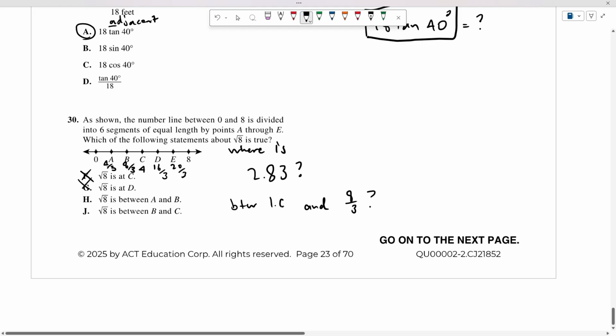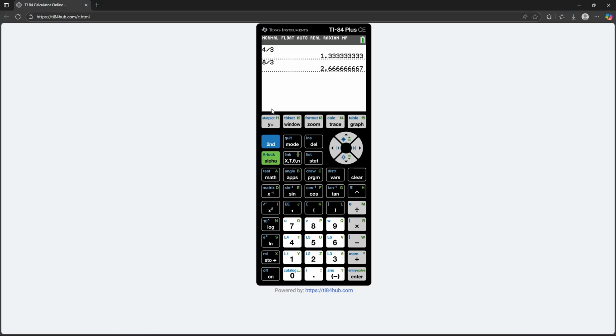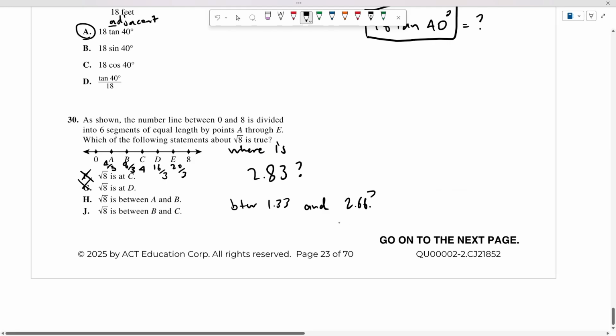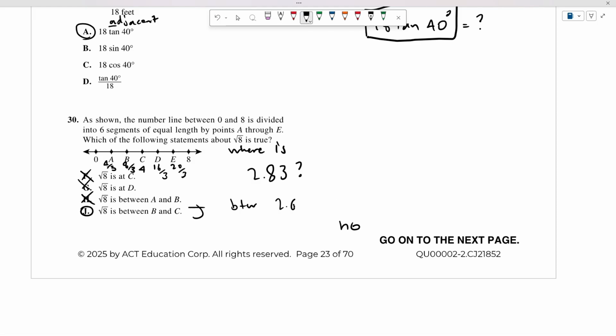So is it between 1.33 and 2.66? No. It's J, okay? It's between B and C because it is between 2.66 and 4.